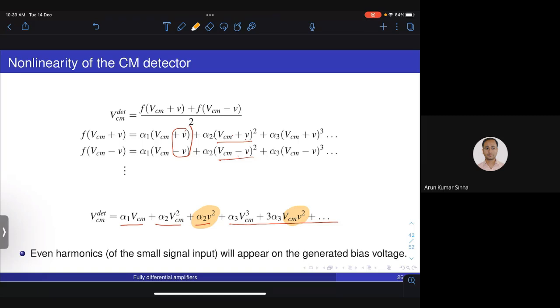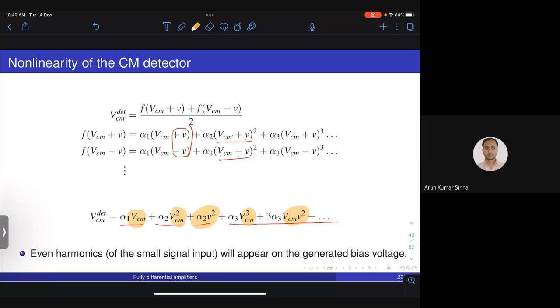Now we are taking the average. You are adding the two signals. So what is happening is all the odd harmonics are getting cancelled and the even harmonics remain. That is for the differential input signals. But when it comes to the common mode signal, that is common to both, you get the even as well as the odd harmonics of the common mode signal.